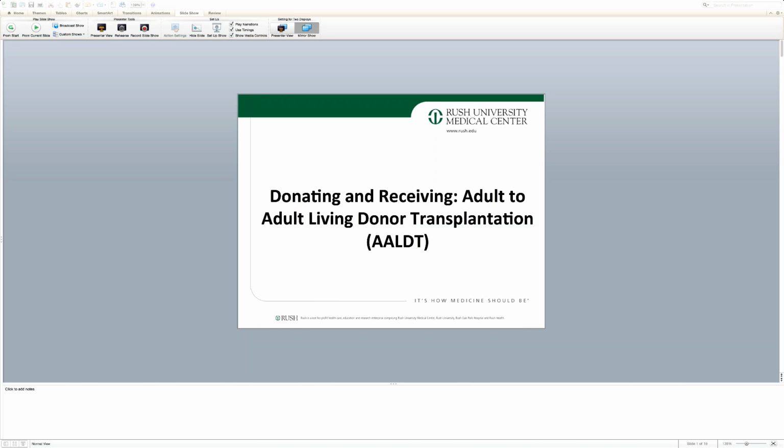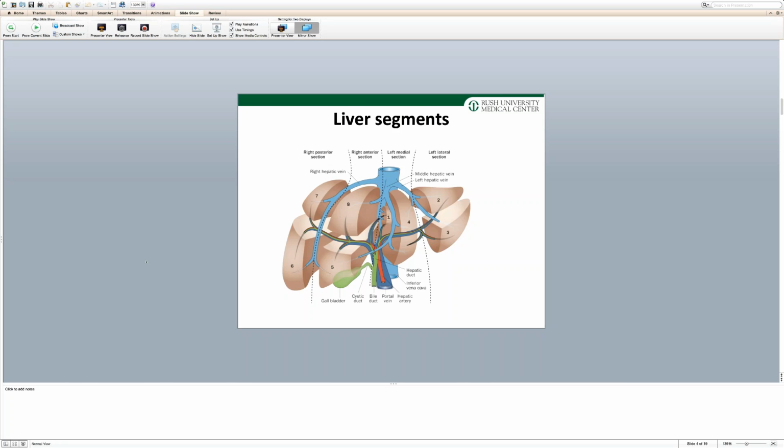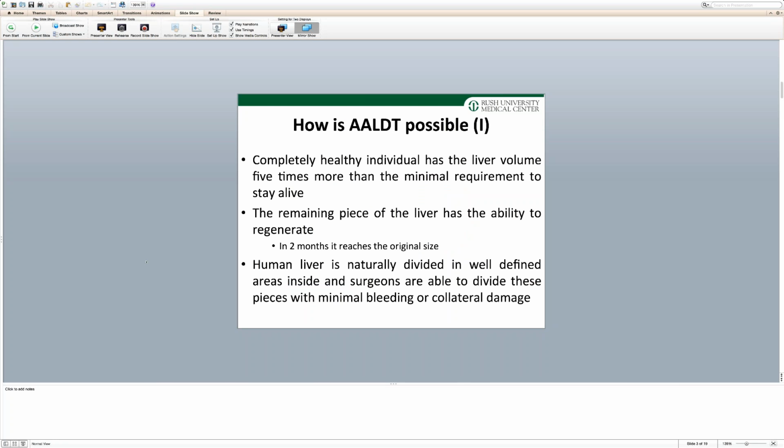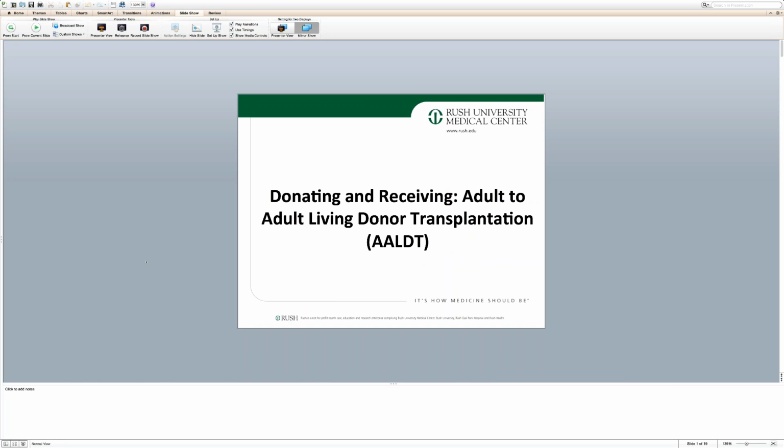Okay. Oh, there. Now we can see it. Perfect. So right now, you can see it? Yeah, so right now it says liver segments on top. It says how is AA, objectives for today. So now it's moving. So I need to start from the beginning? Oh, no, that's okay. You can continue where you are on your slide.